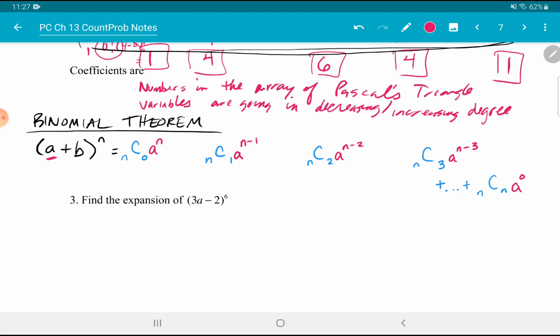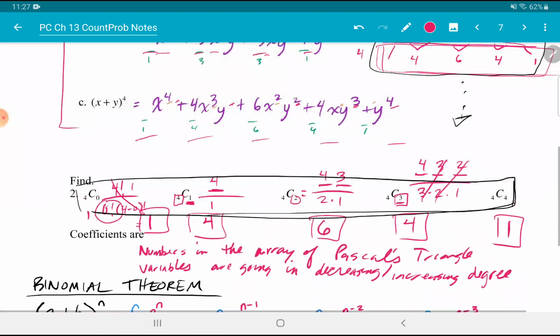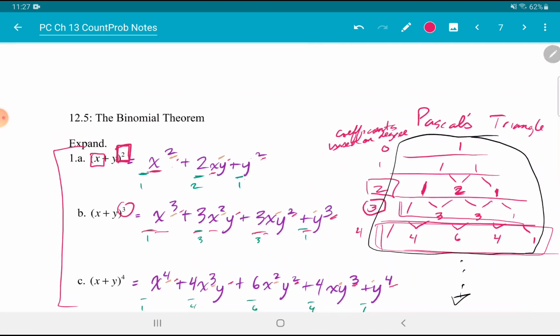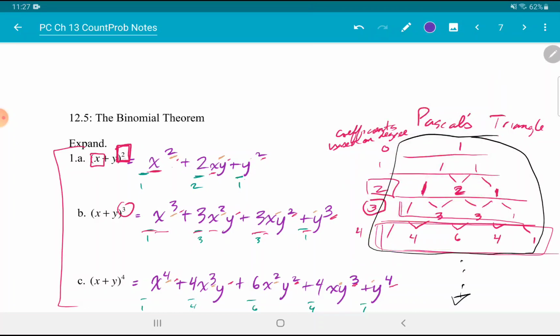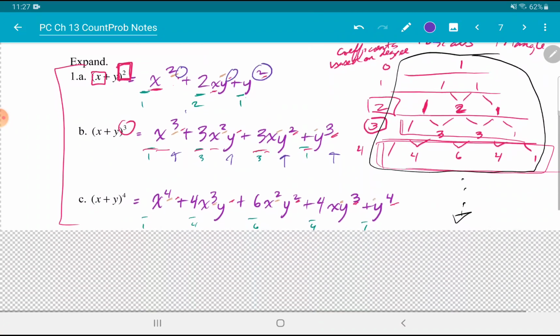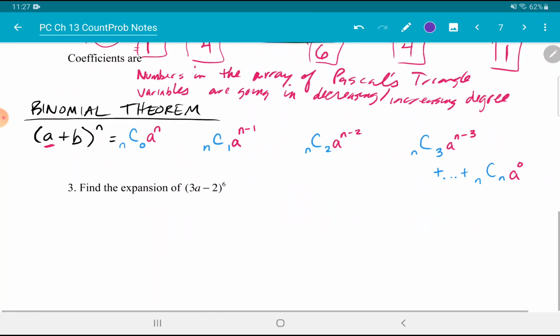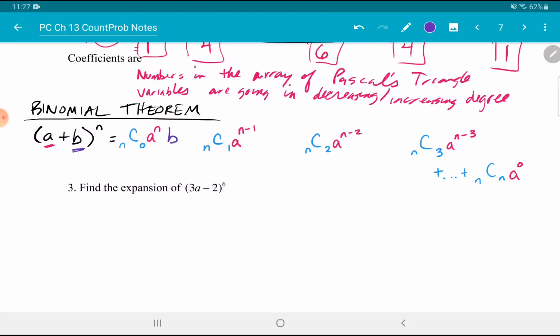Now, as we take a look at what happened to the second variable, as x was decreasing, we also saw that y was increasing. Let's do it in purple. There was no y here, but then y kept increasing: 0 y's here, 1 y, 2 y's, 3 y's. So we keep seeing that the second term, in this case the b value, is going in increasing degree order.